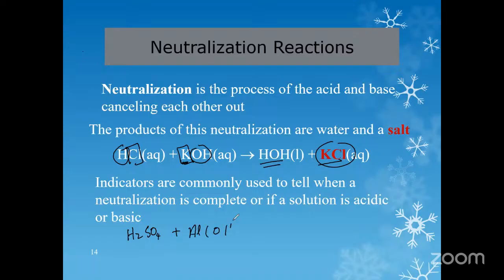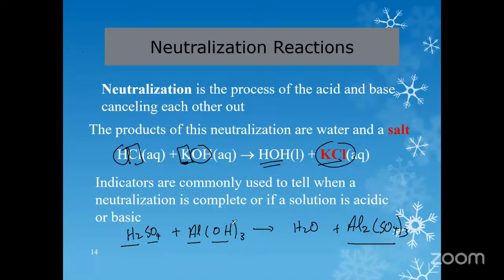As we said before, the hydrogen will come together with the hydroxide to form water. And the other product will be the result of the combination of aluminum with the sulfate. In this case, aluminum will have a +3 charge and the sulfate will have a -2 charge. So the formula for aluminum sulfate would be Al2(SO4)3. That would be the formula for the salt.